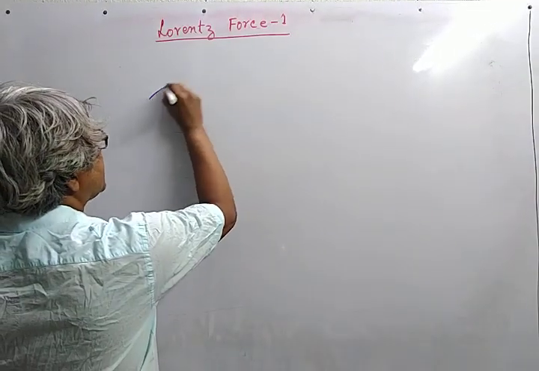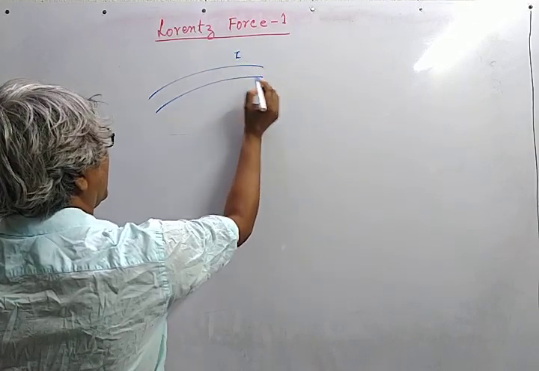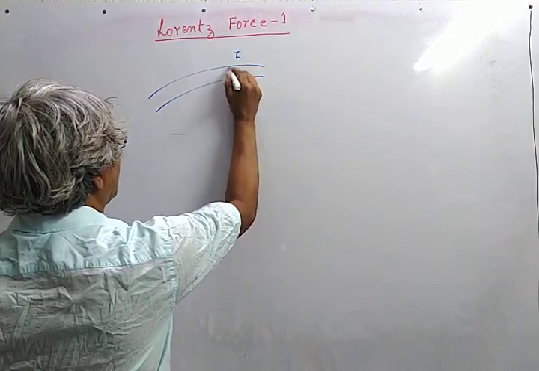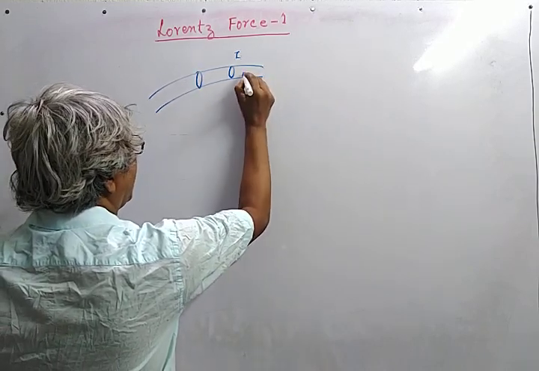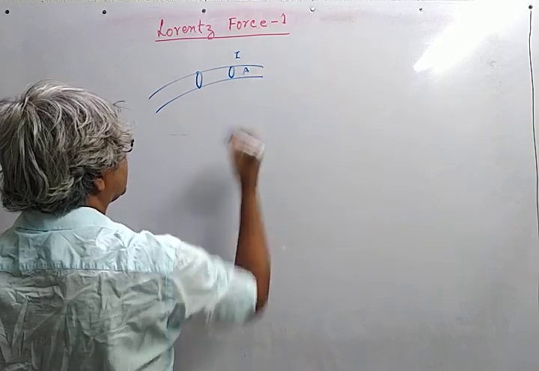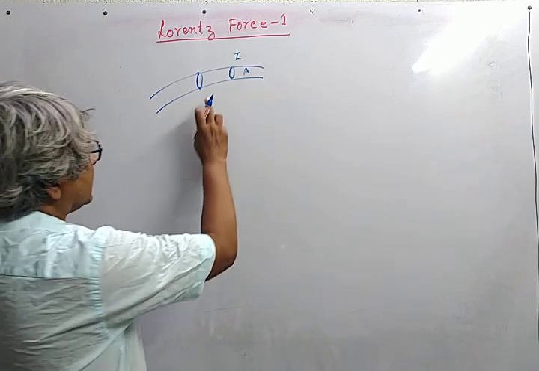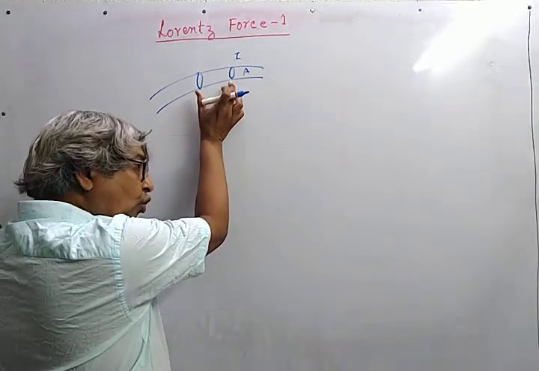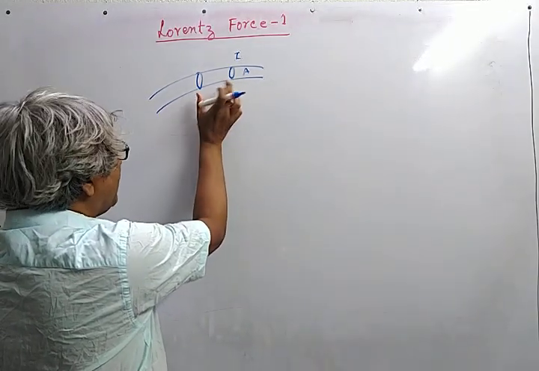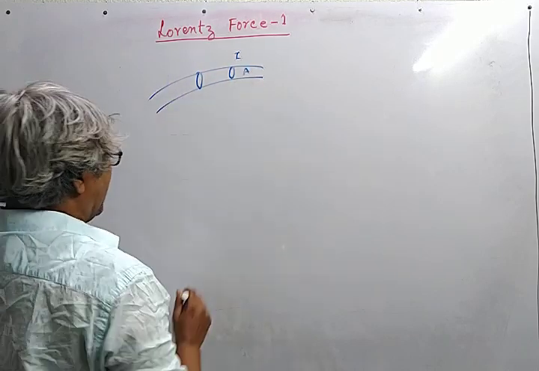Consider this to be a conductor which carries a current I, and the cross-sectional area of the conductor is assumed to be A. If we want to calculate I, consider a cylinder of length v, where v is the average velocity of the charges moving along the conductor.